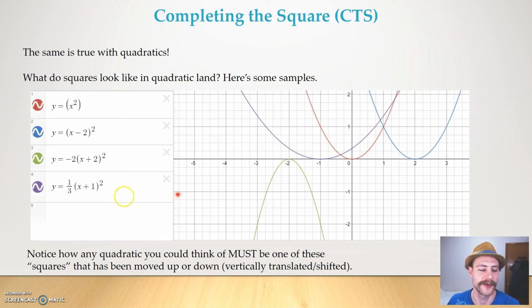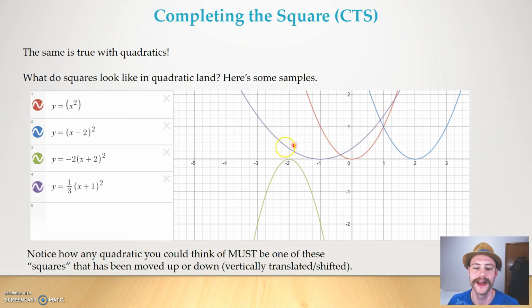Okay, so notice how any quadratic you could think of must be one of these squares that has been moved up or down. In other words, it's been vertically shifted or translated. Okay, so every parabola you've ever seen is actually one of these squares that's been moved up or down. Like take this green one, for example. If you moved it down by 1, it would be here.